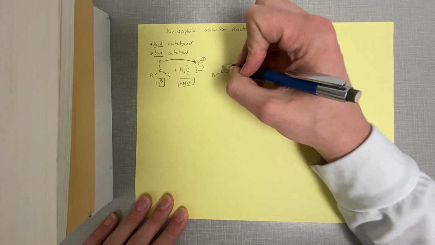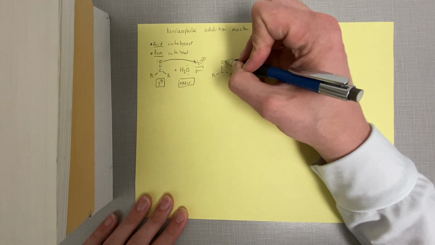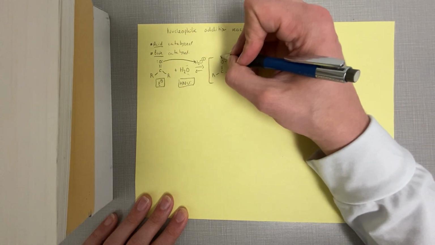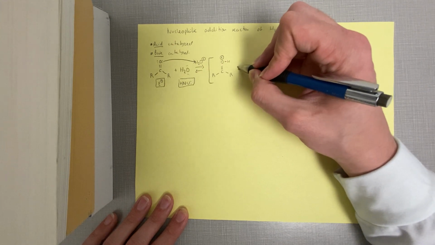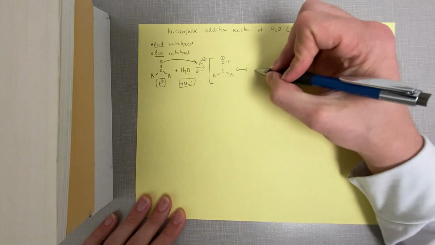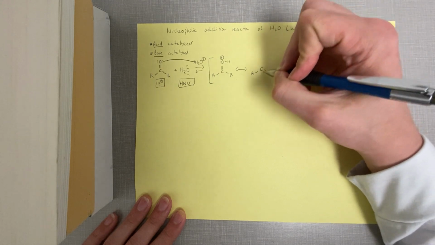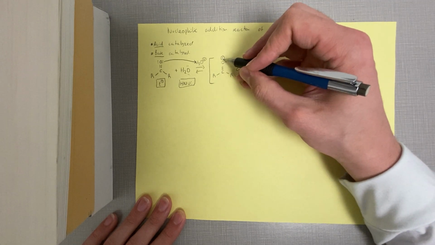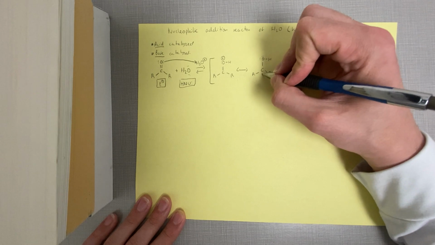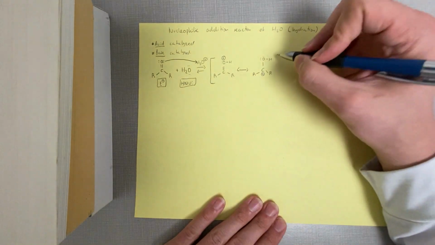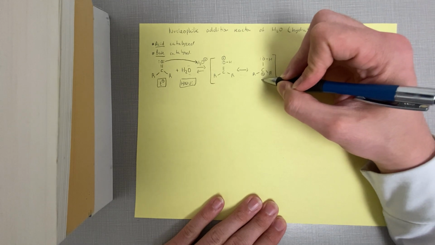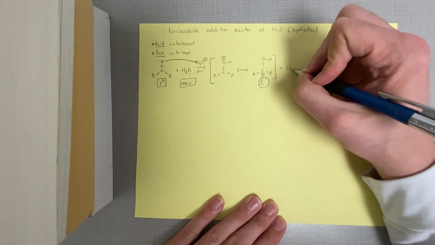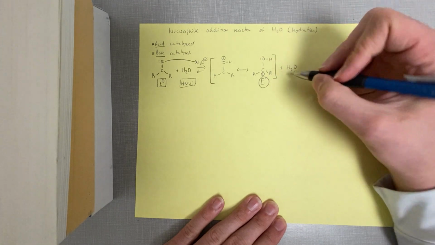What happens is this oxygen receives this hydrogen, forming a positive charge, but there is a resonance structure here, which gives us, if we roll this pi bond up top, forming two lone pairs, a positive charge on that carbon, which makes it a much stronger electrophile and ready to be attacked by water, which is our nucleophile.